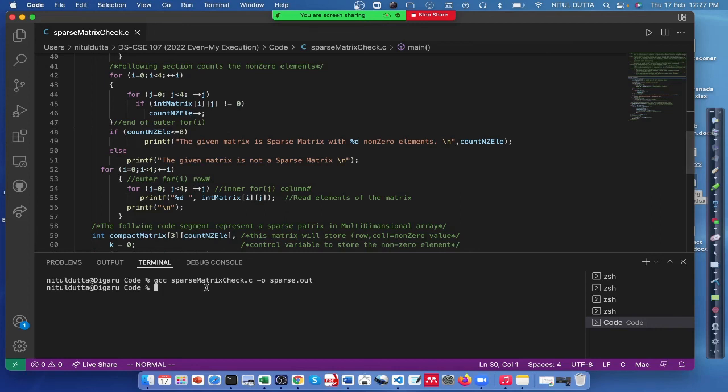Hopefully you know these steps. Let me write cat, and I'll put the output to a file data.txt, then press enter. 16 elements: 0 0 0 1 0 0 0 4 0 0 0 2 4 8 3 4 more 0 0 4 5.